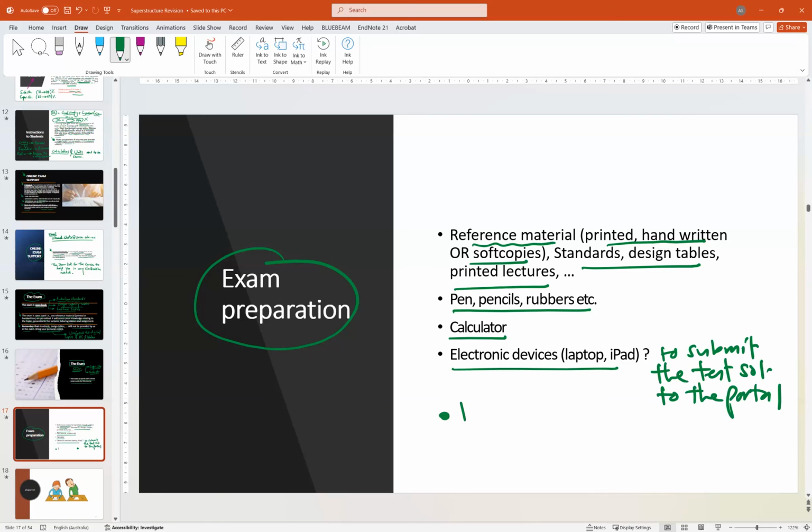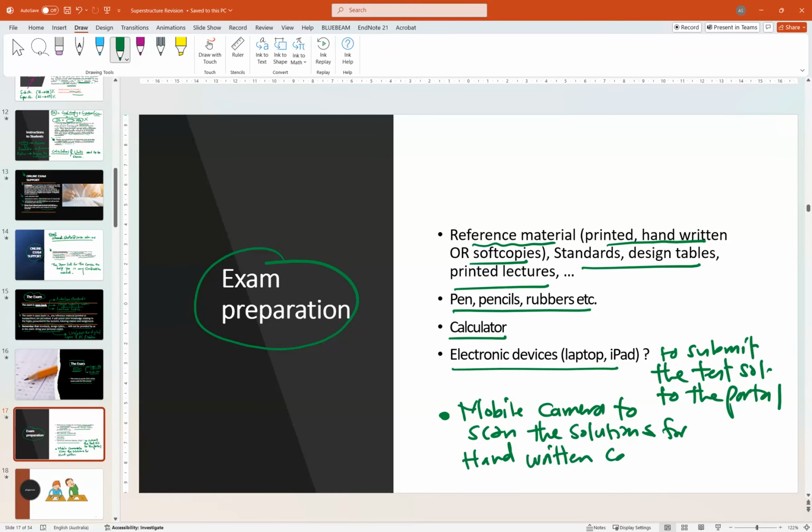You will also need your mobile camera to scan the solution if you are doing it manually or by hand for handwritten calculations. If you are using a digital iPad or laptop, you can also do it, but if you are doing it manually, you need a mobile camera to scan.